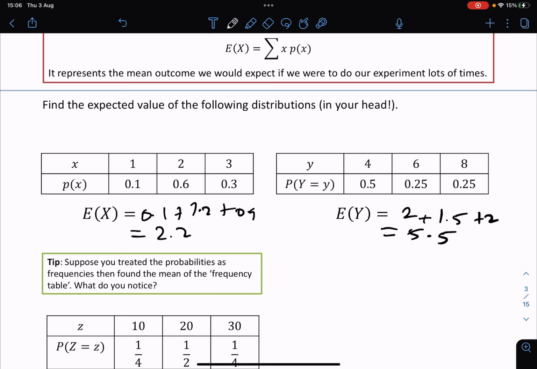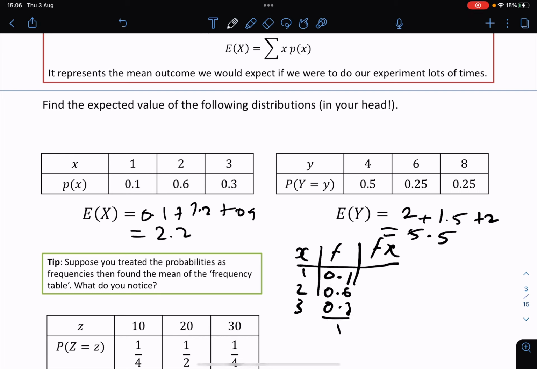Suppose you treated the probabilities as frequencies and found the mean of the frequency table. What would you expect? Well, for the mean of a frequency table, we have x, f, and f times x. So we've got 1, 2, 3, and the probabilities 0.1, 0.6, 0.3, which does add up to 1.